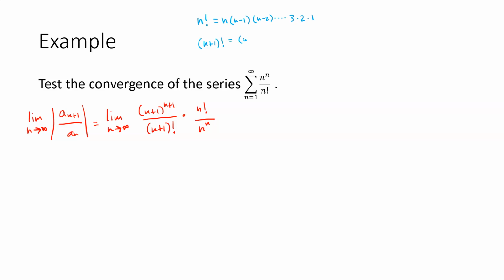Well, that's going to start with n plus 1, and then the next number below n plus 1 will be n, and then n minus 1, n minus 2, and so on, all the way down to 3 times 2 times 1. So what we actually notice here is that starting from n down to 1, that's actually n factorial there. So (n+1) factorial is really equal to (n+1) times n factorial.